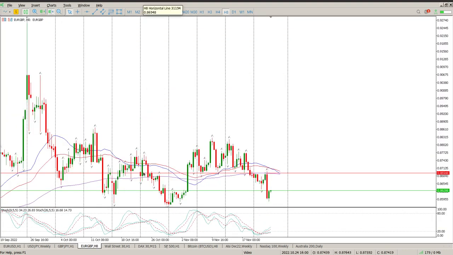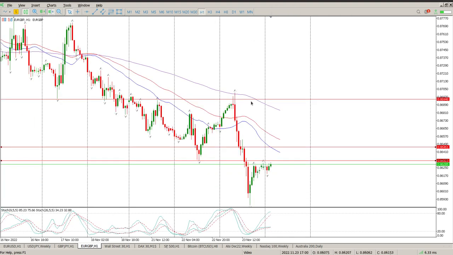Moving on to Euro British Pound, and we did get the retest yesterday of this 0.86948 area, and now I'm going to give you two levels here, but we'll look at them on the hour. They may have to be refined.